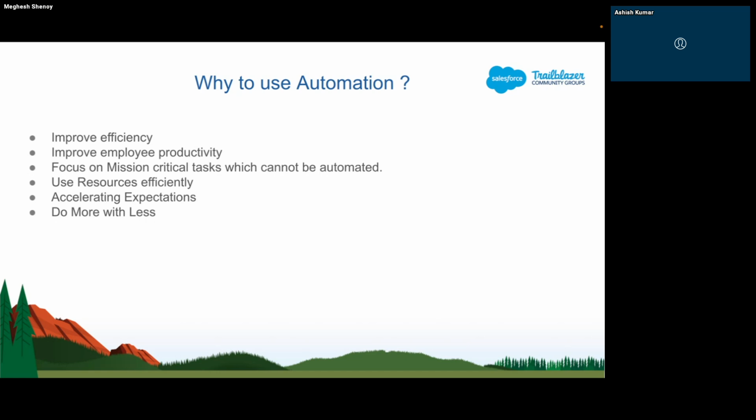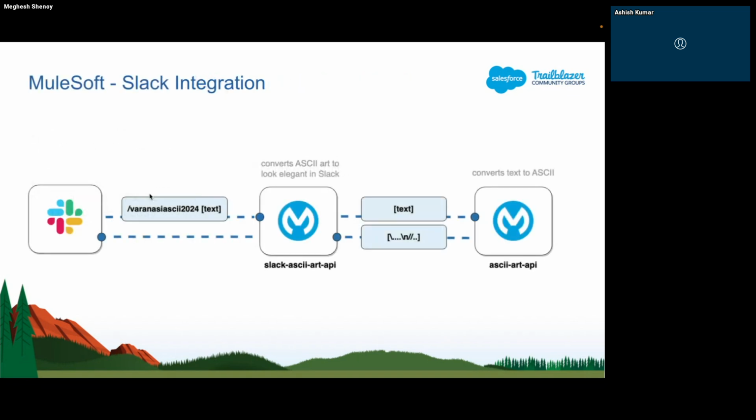At your organization level, the end goal is to improve the efficiency, improve employee productivity. Now those two people which I was talking about, once the integration is live, they don't have to do these kinds of tasks, right? They can actually concentrate on other mission critical tasks, right, which cannot be automated in the organization. Use resources efficiently, accelerating expectations and do more with less.